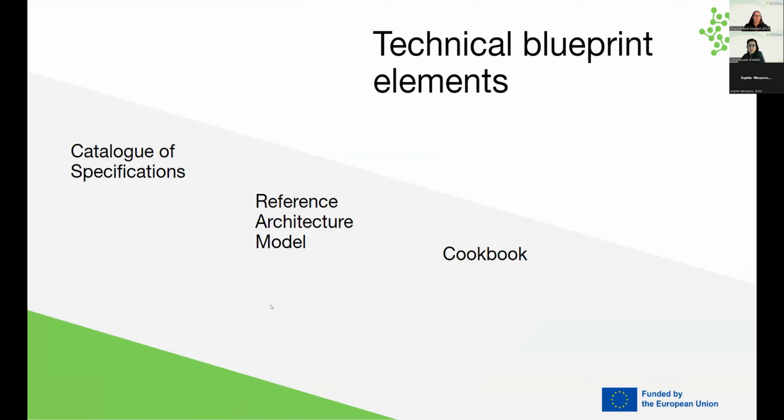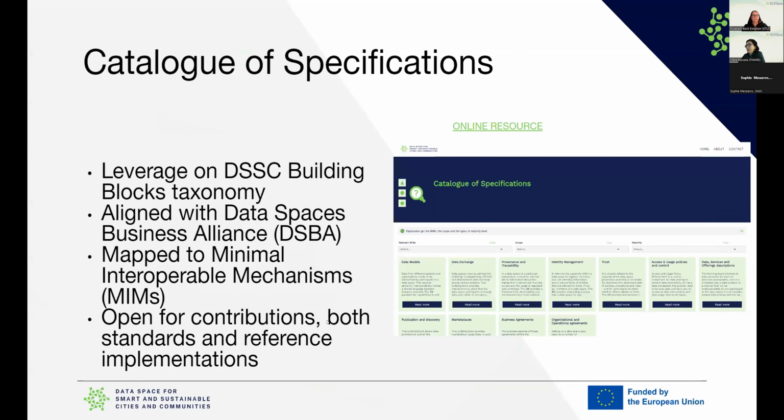I will detail each of them in a few minutes, because we only have 5 minutes for that. In the case of the catalog of specifications, the idea is to provide a collection of all the possible candidate specifications and reference implementations that are in the scope of smart cities and communities, suitable for deploying a data space.